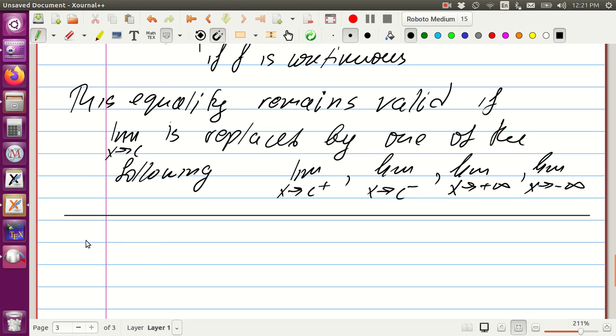Right, and one special case that is interesting, f of x is equal to the absolute value of x.